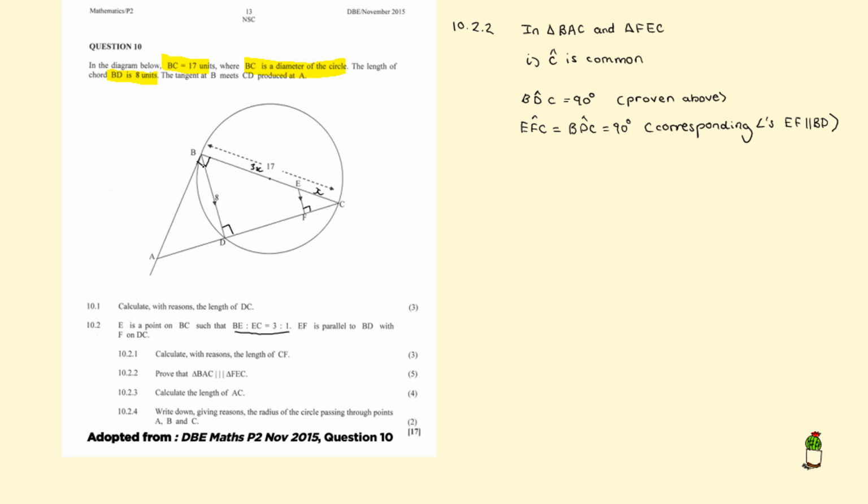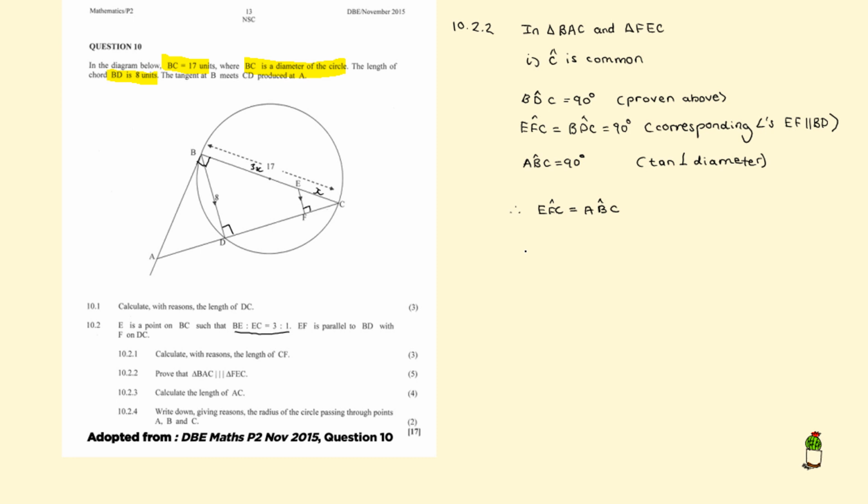Okay, then the reason why angle B over here is equal to 90 degrees is because the tangent is perpendicular to the diameter. So angle ABC is equal to 90 degrees because the tangent is perpendicular to the diameter, right? So angle F is 90 degrees and angle B is 90 degrees. So therefore angle FC is equal to angle ABC, right?